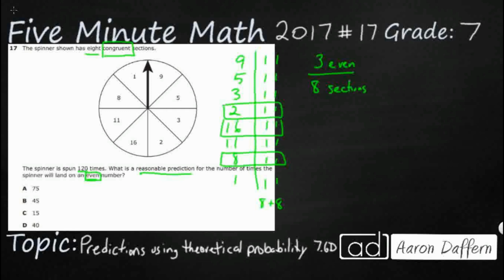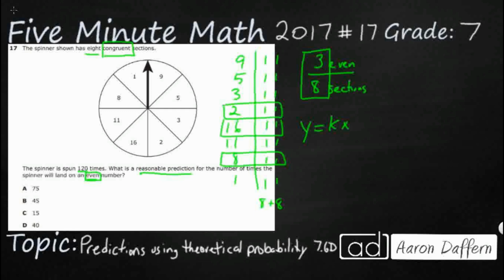Now, if I were to spin this 120 times, what would be the expected outcome? Well, let's just use our y equals kx. We could use that. We can also make a proportion. But look at this right here, 3 out of 8. That's a good ratio right there that we can use for k.